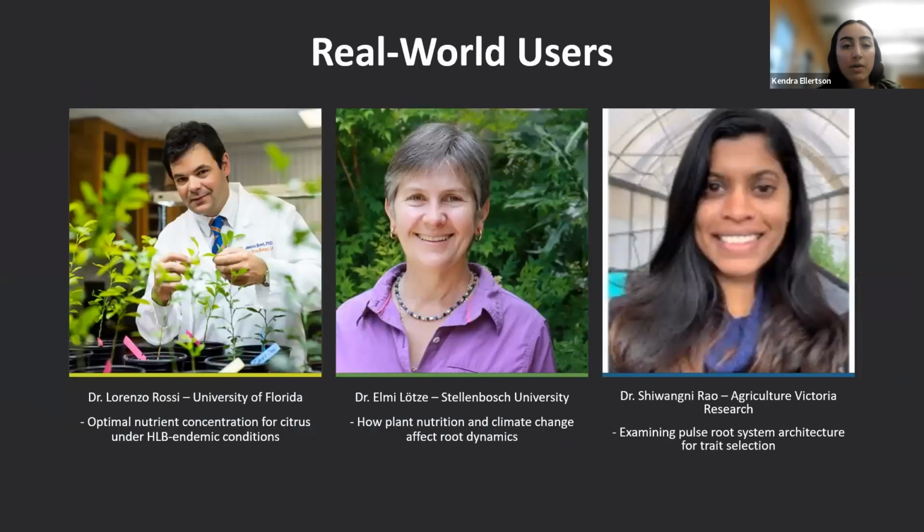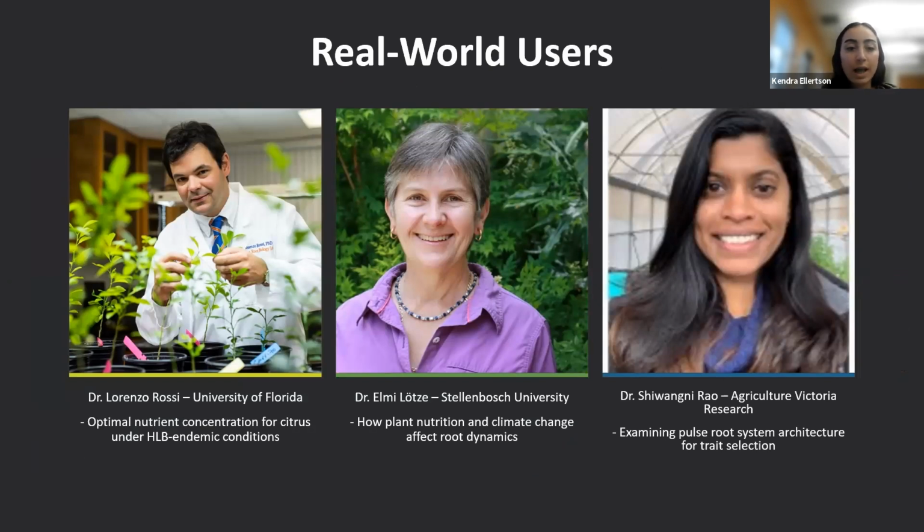I wanted to talk about a few real world examples of people who are actually using our root and soil imagers. So just quickly, we have Dr. Lorenzo Rossi, who is at University of Florida, and he's using our CI600 to determine optimal nutrient concentration for citrus under HLB endemic conditions.